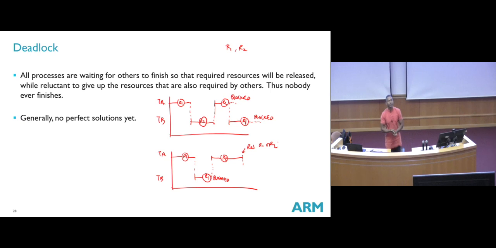Task B can acquire resource 1, then acquire resource 2, and continue. So a deadlock can be easily solved by just enforcing that all the resources are acquired in the same order. Whoever happens to take the first resource will continue until they finish, and then there is no deadlock situation.